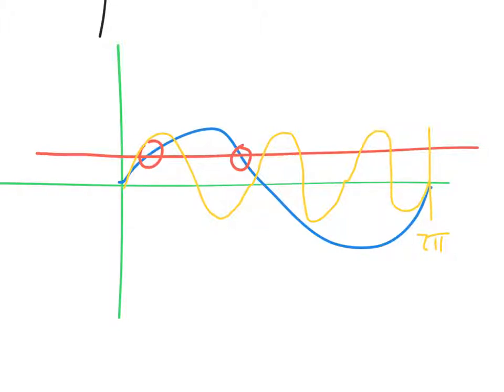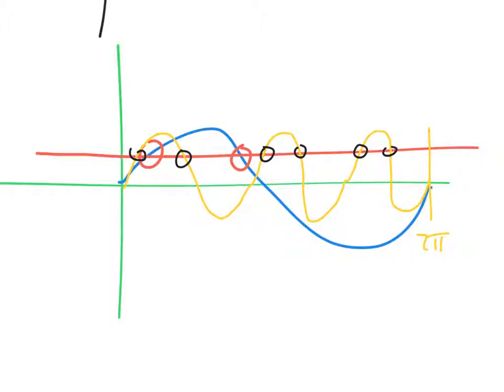Do you get what that means? We will now have a whole bunch of answers. 1, 2, 3, 4, 5, 6. There will be 6 answers. That's why there's 6 answers, because we just squished it down and made it do its complete cycle 3 times between 0 and 2 pi.